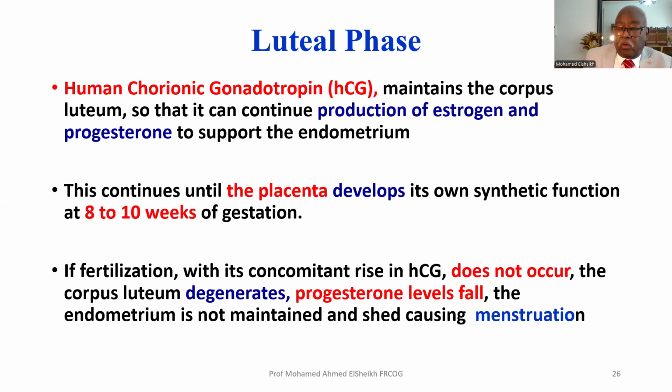Then progesterone levels will fall, the endometrium is not maintained, and is shed, causing menstruation. So at the ovary now, we talked about the follicular phase and what happens in it, followed by ovulation, and what happens in the luteal phase. We stop here as part one of the discussion.